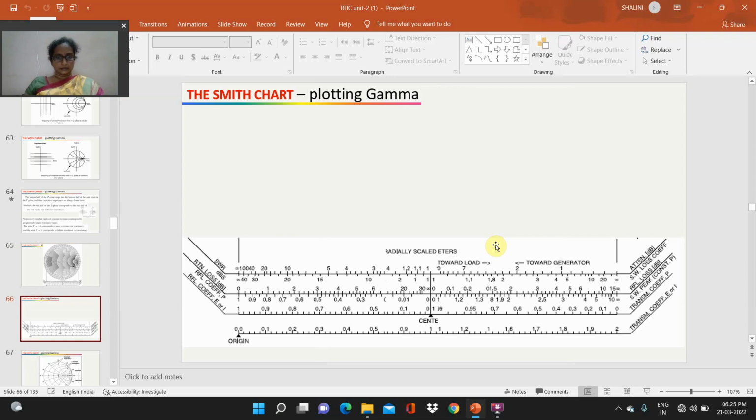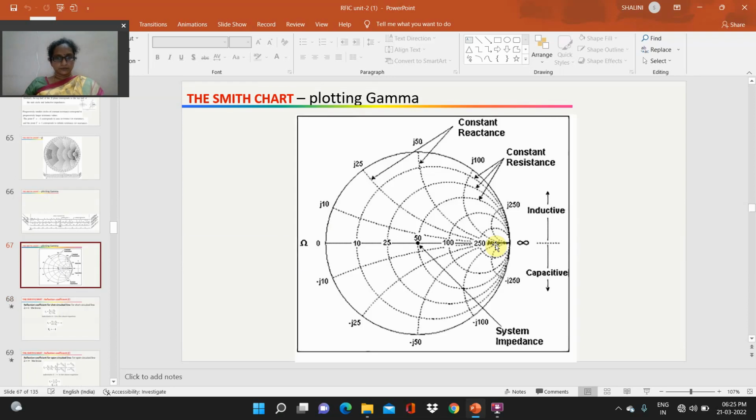Constant reactance, constant resistance, inductive values above and capacitive values below. The lines represent constant reactance and the circles represent the resistance, inductive and capacitive.